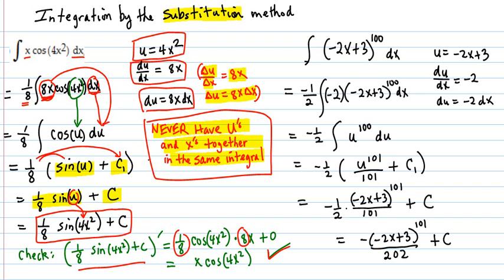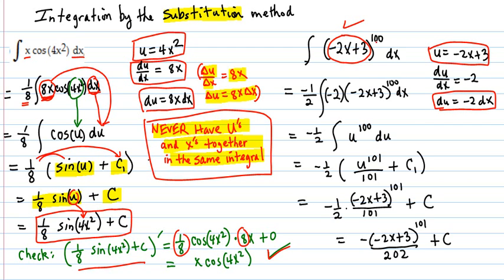Now here's another example up here. Negative 2x plus 3 to the 100th power. So you usually take the inside part of a composition and try that to be the u. There's your u. du dx is negative 2, so du equals negative 2 dx.